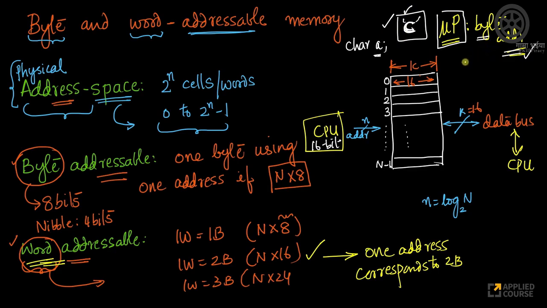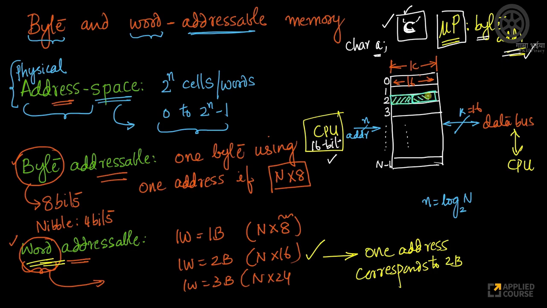Okay, now the big question here is this. A very important question: imagine I have a 16-bit CPU. There are multiple cases here. Let's think of the first case. Imagine I have a 16-bit CPU, and let's assume each of these words is also 16 bits. Now, if I want to address only 1 byte, each cell can be thought of as 2 bytes.